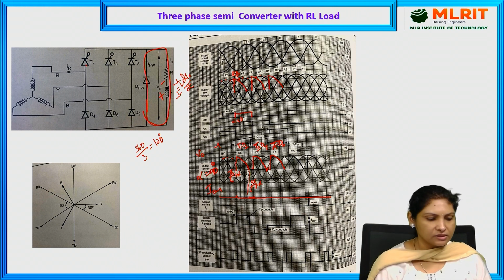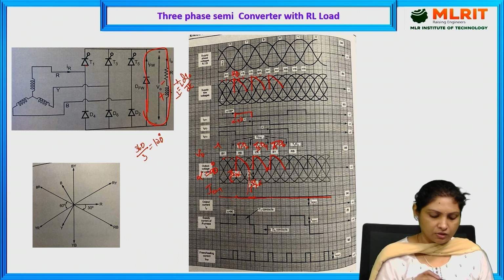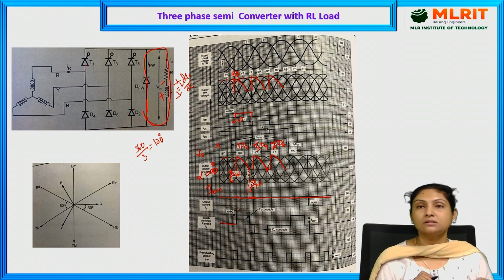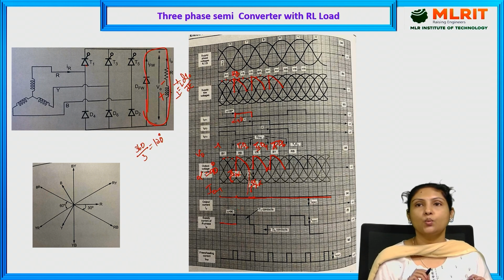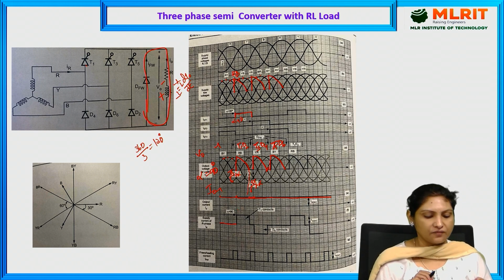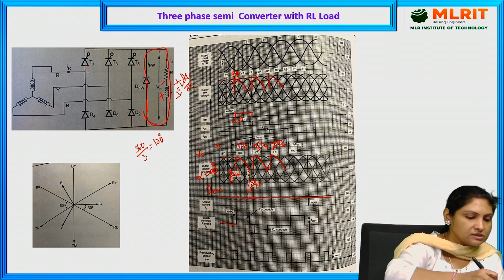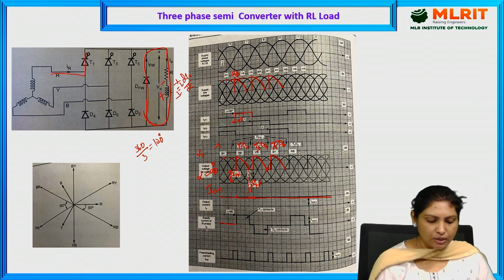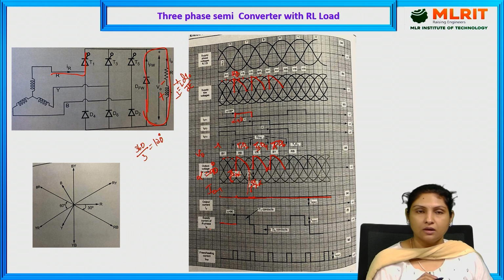Current through R phase, in the sense, as long as thyristor 1 is conducting, we will get a current through R phase. R phase in the sense thyristor 1 should be conducting. So that is the reason we are indicating the supply current of R phase, that is IR.